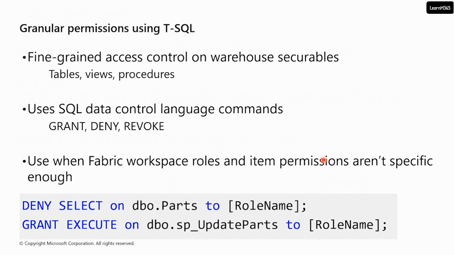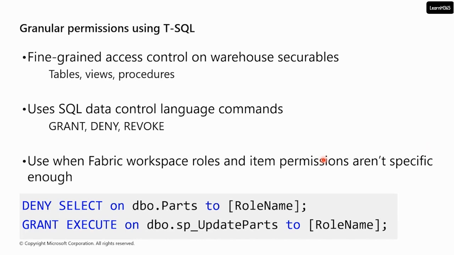Then we have some more granular permissions, in the context of Fabric warehouse. This refers to the ability to control access to the data and the operations within a data warehouse at a very detailed level. It includes managing who can access specific data, tables, columns, or views, and even performing certain operations like grant, select, insert, update, delete.